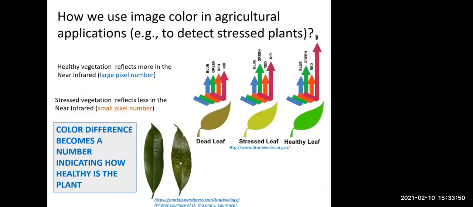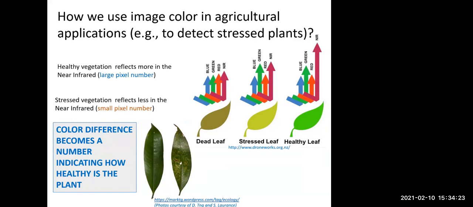Now let's dig a little bit deeper into our understanding of how to use images in vegetation studies or agricultural studies. Each object can reflect differently. Plants reflect very high in the near infrared area of the light and very low in the red area of the light. So the difference between the near infrared and the red response for a plant at a certain pixel in the image can be an indication of how healthy the plant is.